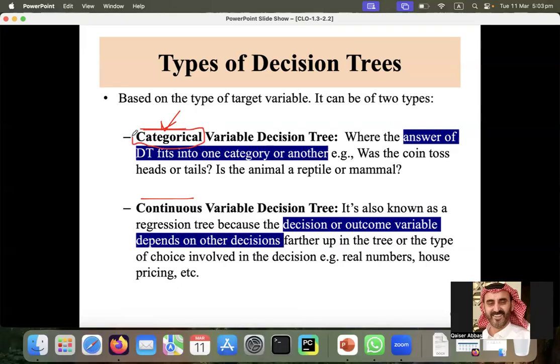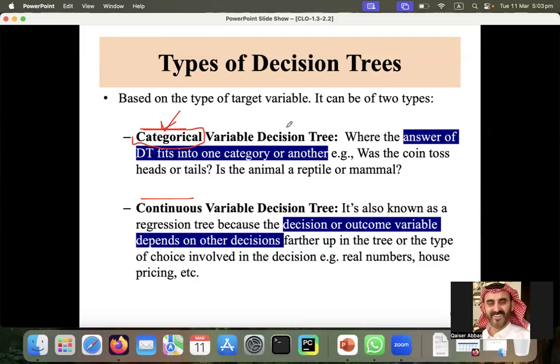For example, if you have a column and that column has values either this or that, like an email is spam or not spam, two possibilities. That is called category, classification, division, the same name. So categorical variable decision tree.